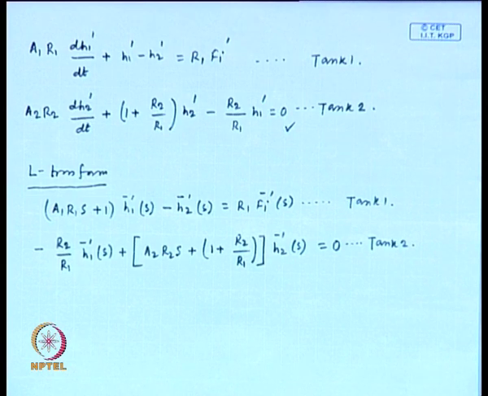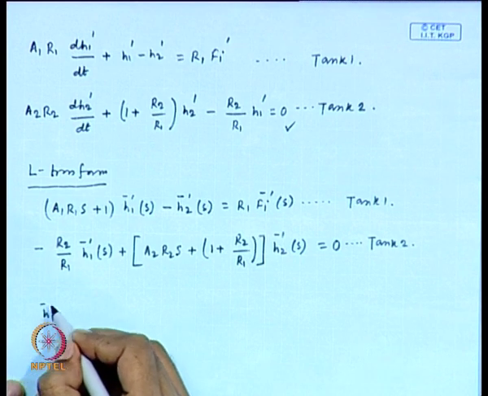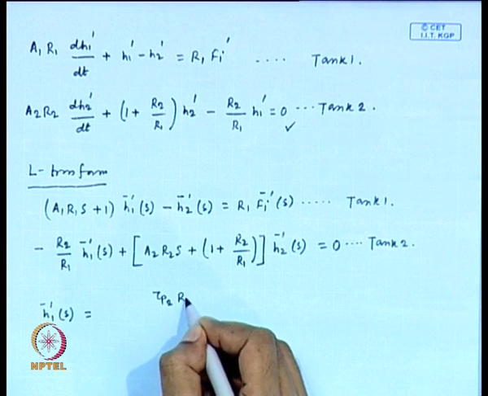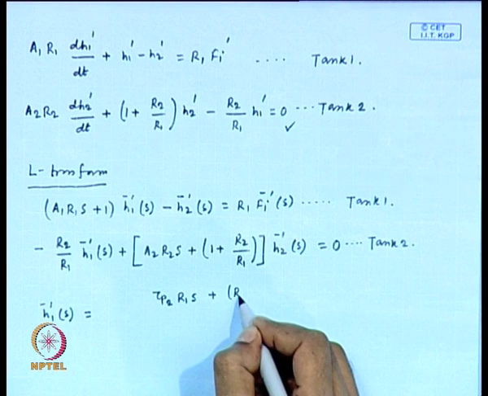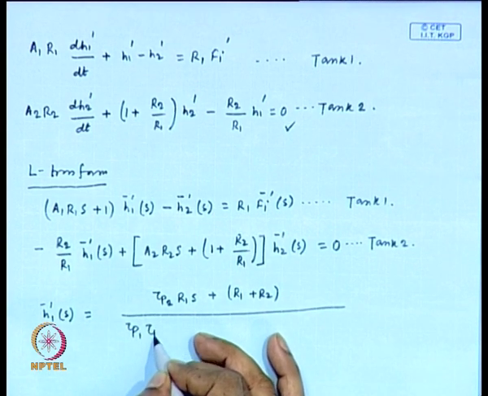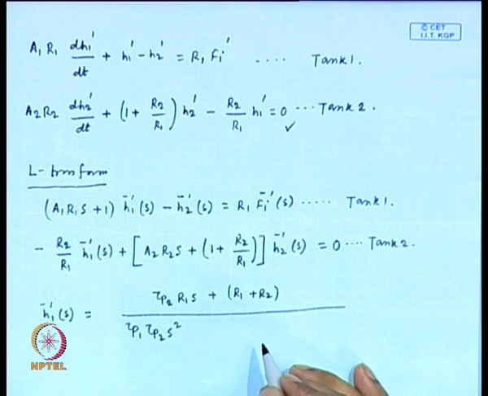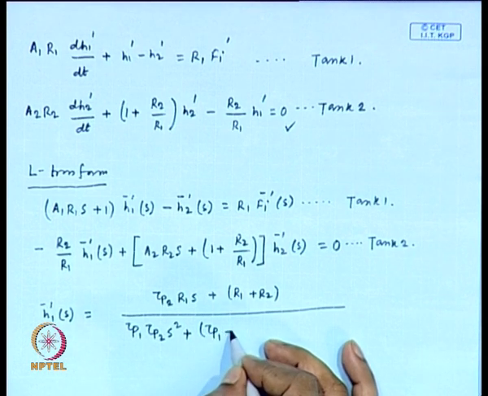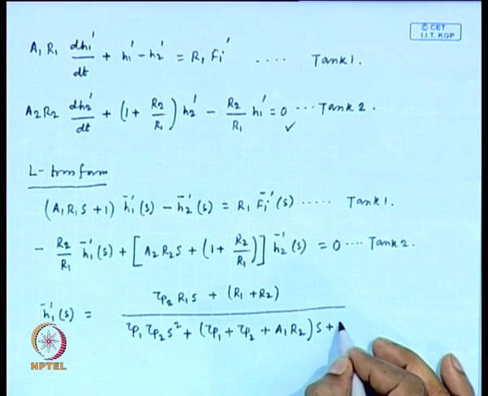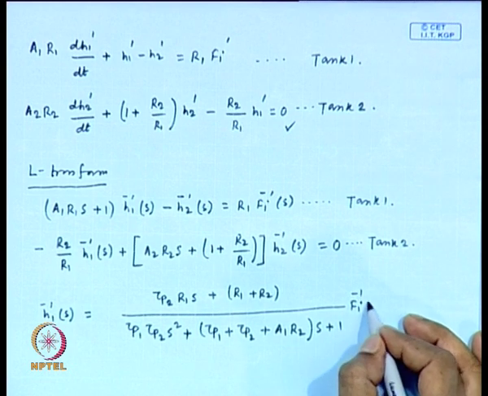Now, we need to solve these two equations to obtain the transfer function with respect to tank 1 as well as tank 2. Solving these two equations, we get the transfer function for tank 1 as H1 bar prime(s) equals (tau P2 R1 s plus R1 plus R2) divided by (tau P1 tau P2 s square plus (tau P1 plus tau P2 plus A1 R2) s plus 1) times Fi bar prime(s).